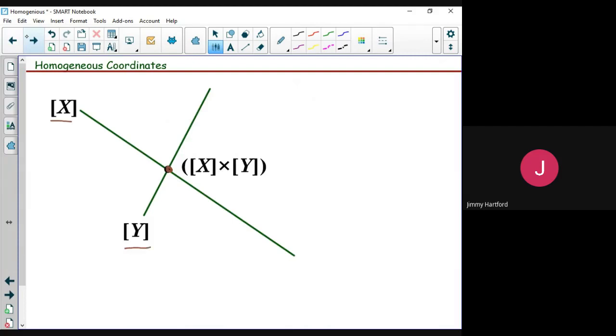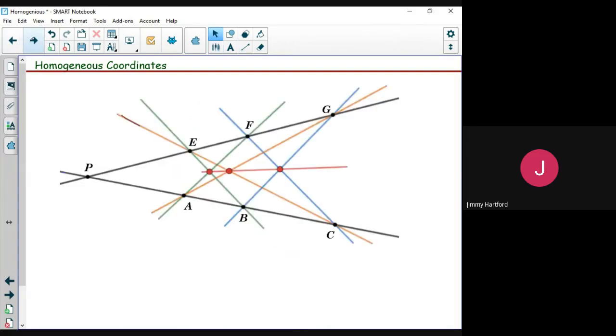And this actually gives us enough information that we can start trying to look at things analytically. So for instance, we could look at Pappus's theorem, which says if we have three points on a line, A, B, C, and three points on a different line, E, F, G, all three distinct, we can form a hexagon with alternating sides.